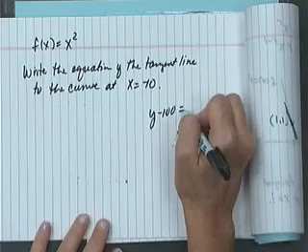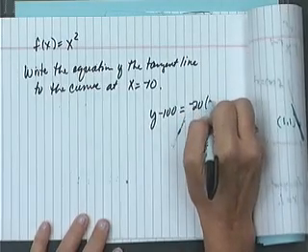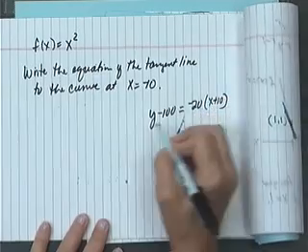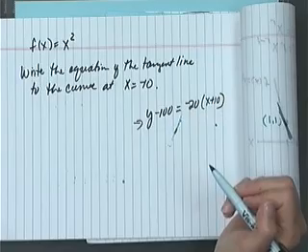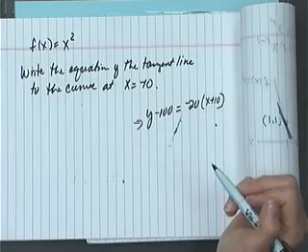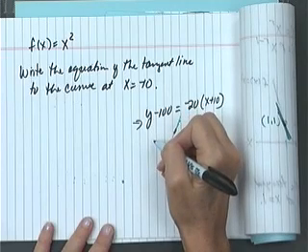Okay, let me hear some answers. y minus 100 equals negative 20 times (x plus 10). How many vote for that being the correct answer? Raise your hand high. 2, 3, oh yeah, I'll go with it. 4. Let me hear another answer.